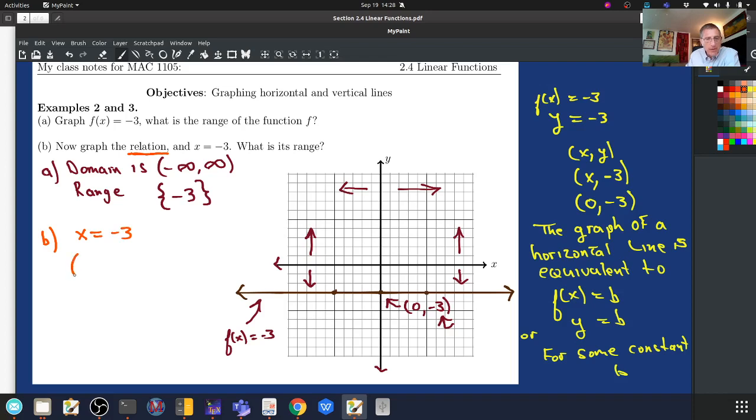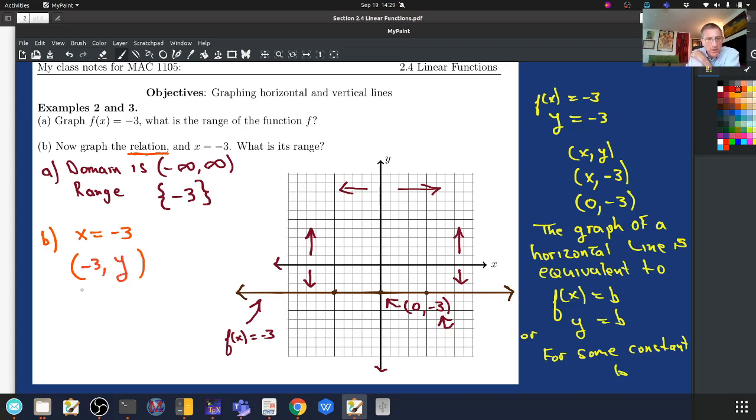Well, again, for every point on the graph, every point x, y that lies on the graph of this relation, the value of x has to be minus 3. The value of y can change.